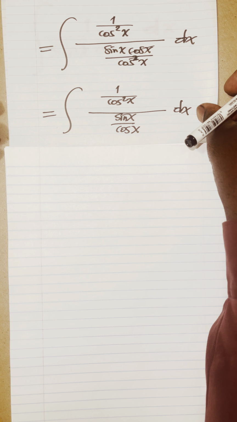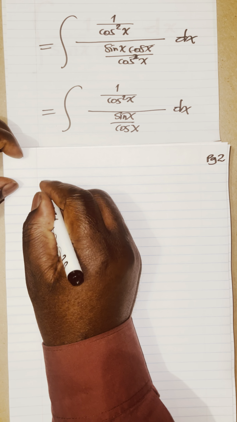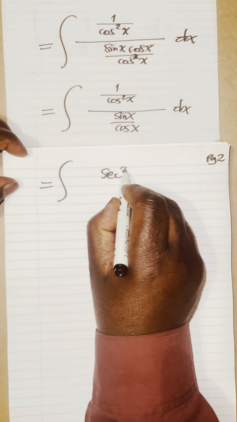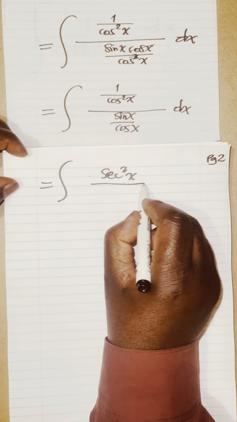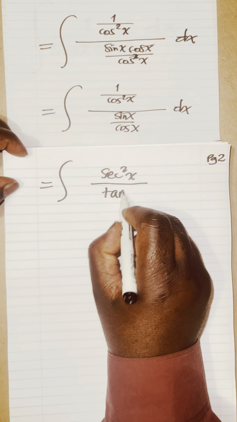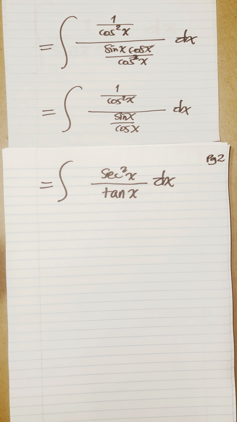So what we have now in the numerator is sec squared of x, and we're saying divided by, in the denominator you know that sine over cosine is actually tangent of x. Now we have dx. Now we can use substitution here.